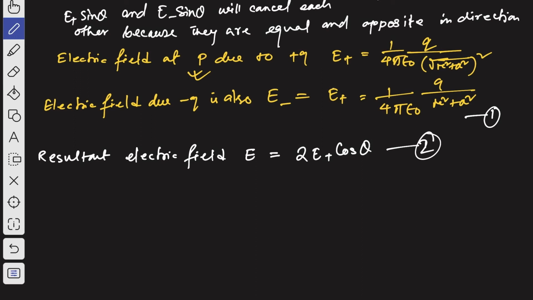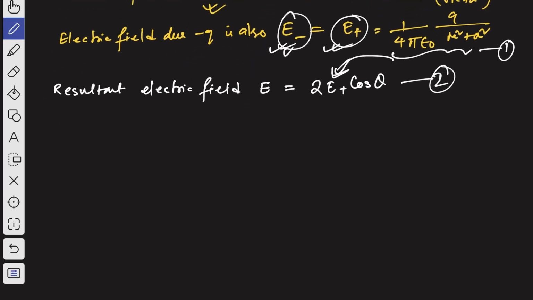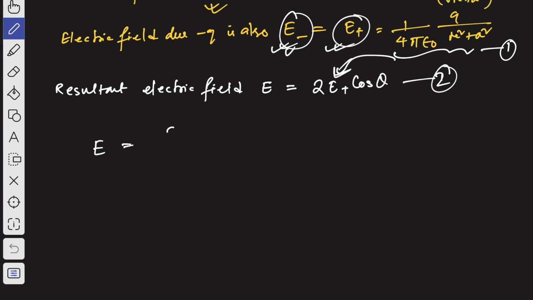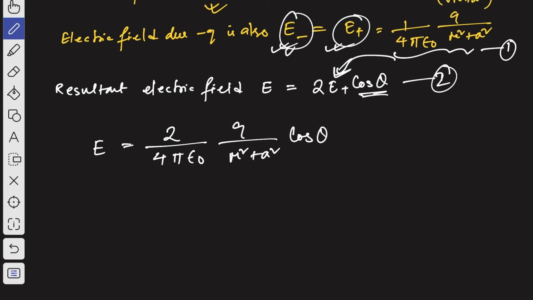Now if you use equation number 1 in 2, that means if you use this value of E positive and E negative in these two, then you will get the resultant field E equals 2 by 4 pi epsilon naught q by r square plus a square, times cos theta.